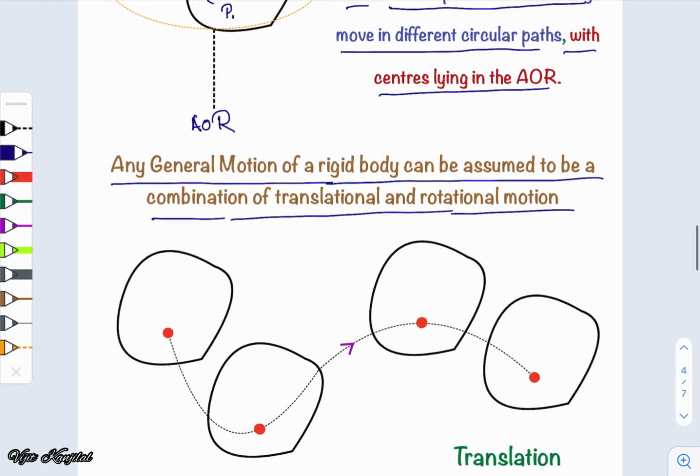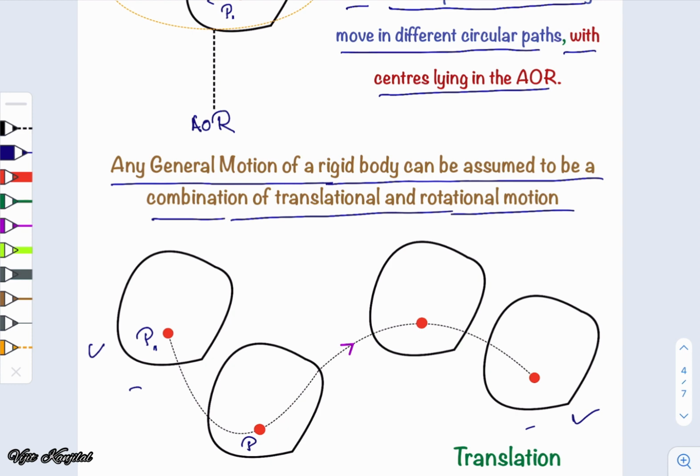So, let's say that we are given a particular rigid body, and this rigid body is moving from this particular location to this particular location to this particular location. It's simply translating from here to here, and this is the path traced by one of the points located in the rigid body.